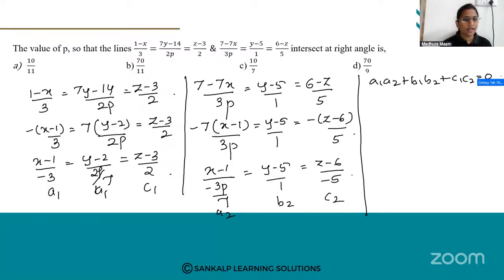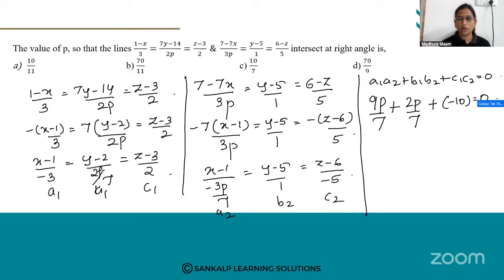Yes, so a1 is minus 3, a2 is minus 3p by 7. That is minus of minus, plus 3 into 3 is 9, 9p by 7, plus b1 b2. b1 is 2p by 7, b2 is 1. So that is 2p by 7, plus c1 into c2. c1 is 2, c2 is minus 5. That is minus 10. Okay.